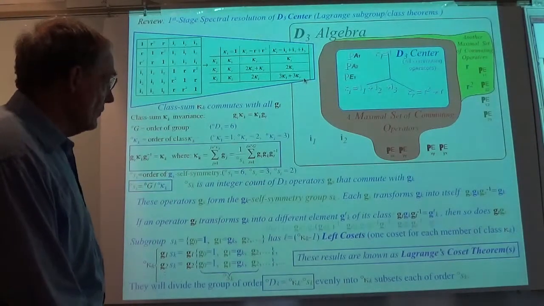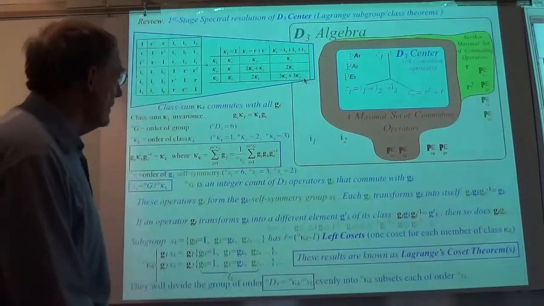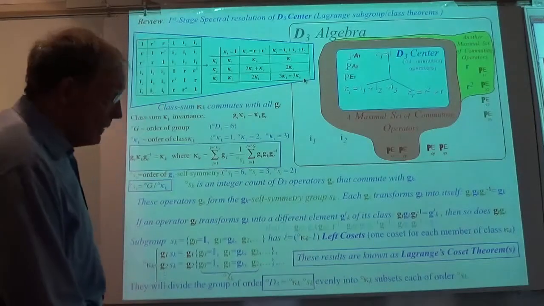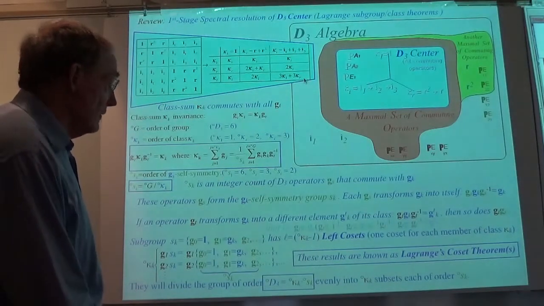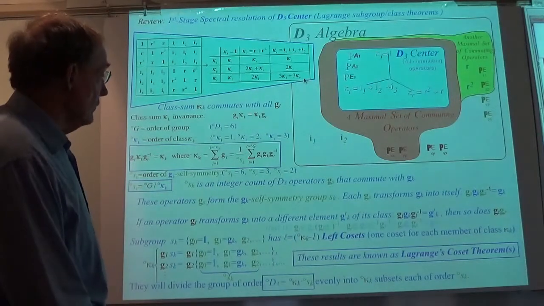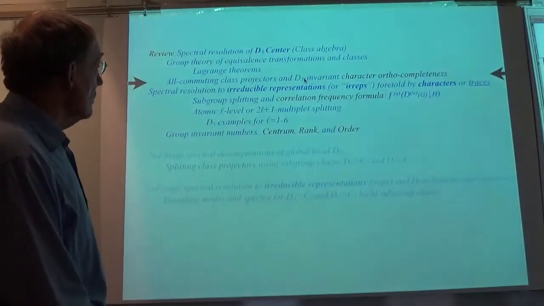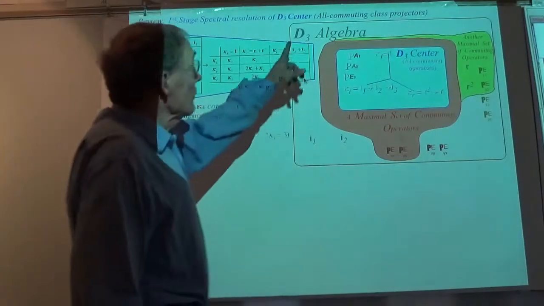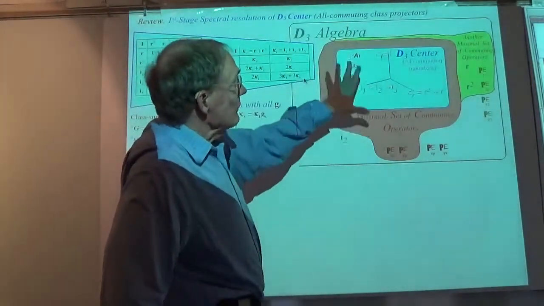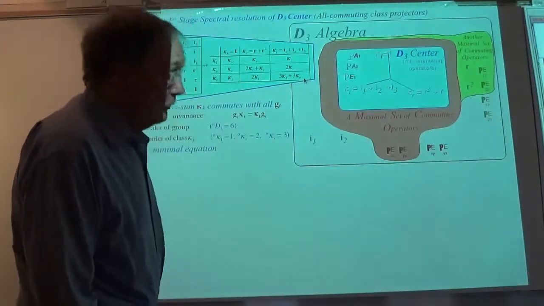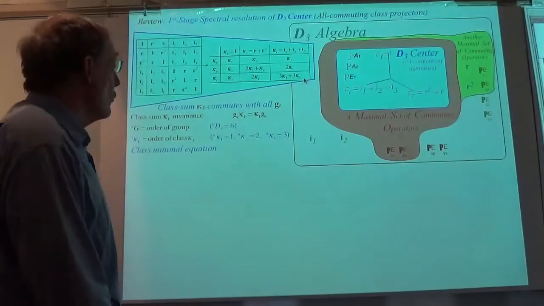Okay? So those are the Lagrange coset theorems, both of them. In fact, the left cosets or right cosets, you can do it on the right as well, will satisfy this relationship. Okay. Now, the next step here is to get the all-commuting class projectors. We want the projectors in this center that are idempotent and complete and orthonormal.